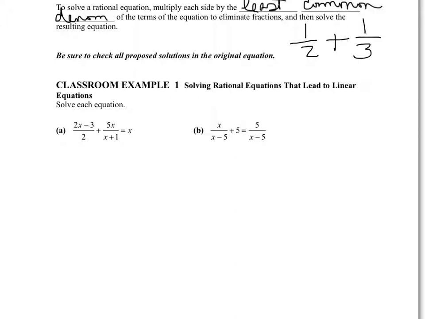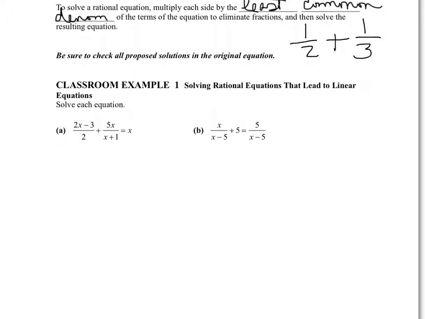If I have a common factor that can be removed, it might match the denominator in the other fraction. But obviously x plus 1 and 2 don't have a common factor between them except for 1.